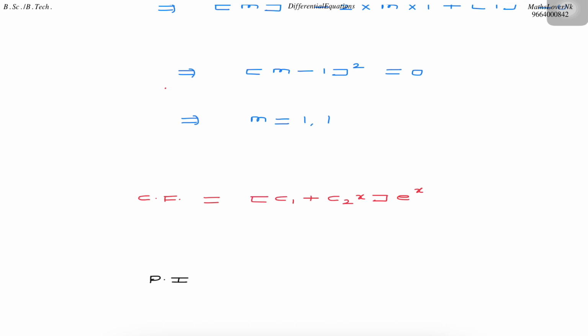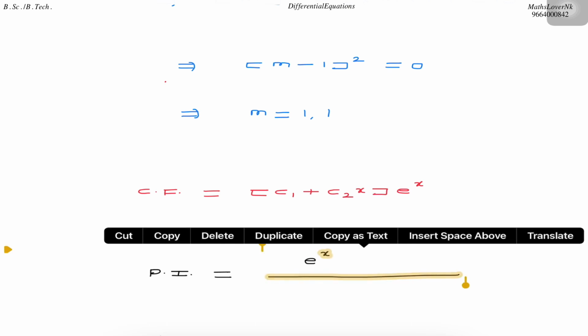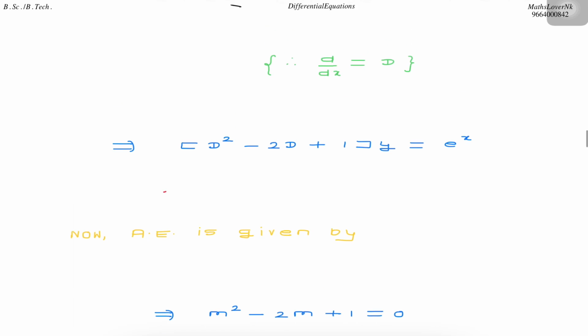Now PI is equal to, write down the RHS part in numerator, that is e the power x, upon the LHS part in denominator, that is d square minus 2d plus 1.